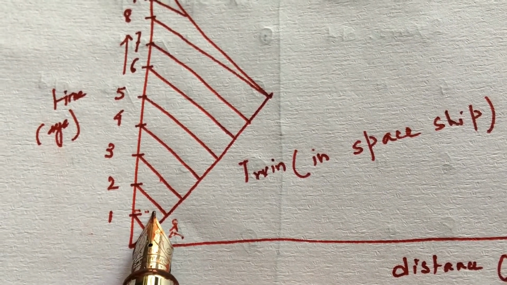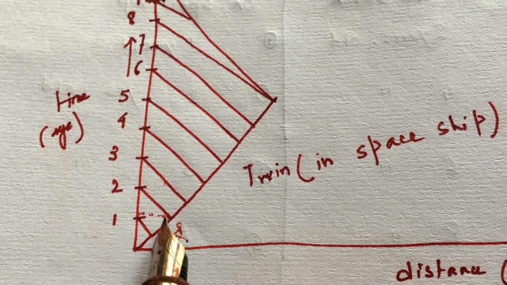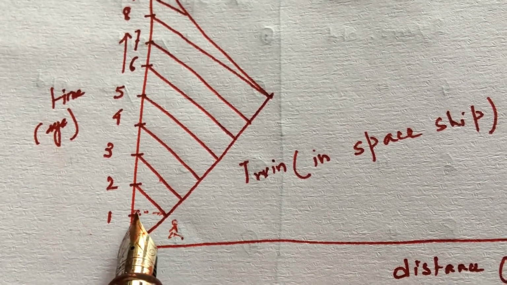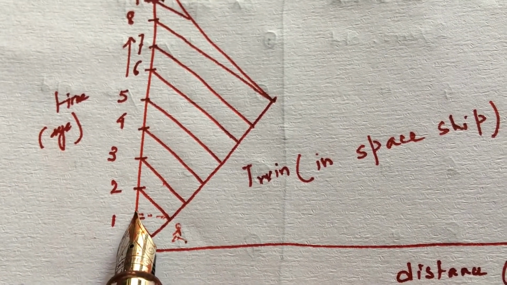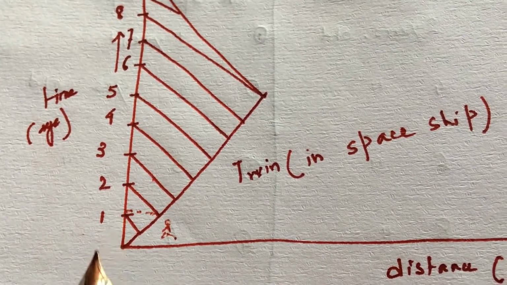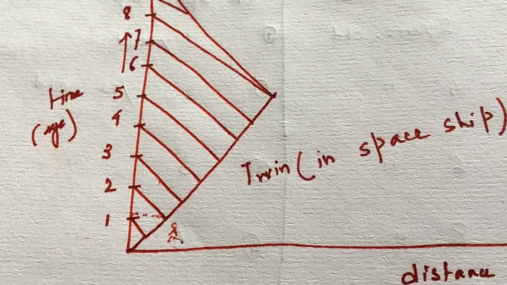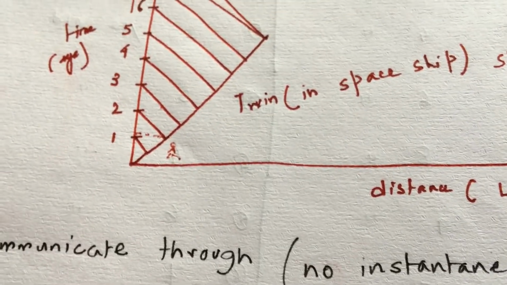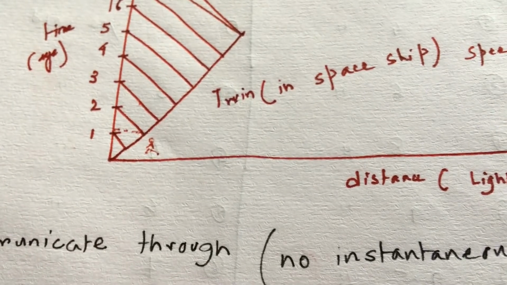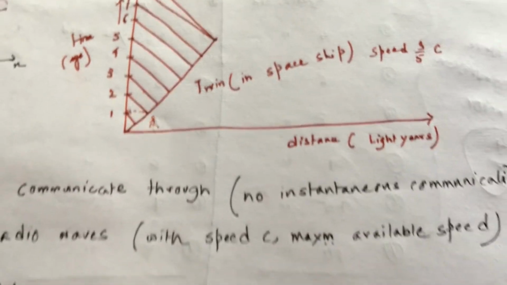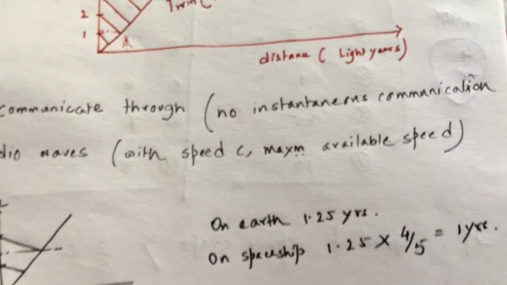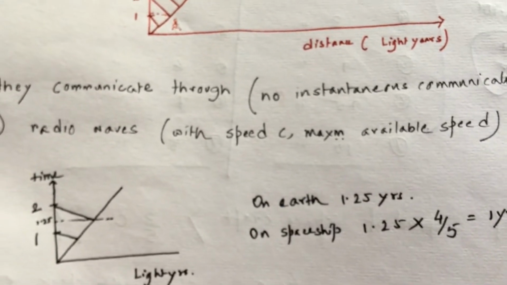If I draw a perpendicular line, this corresponds to this time, not 1 year, just slightly above. So it's like 1.25. Actually, I have done it on a graph paper. That's why I know the measurements already. You can verify it yourself.